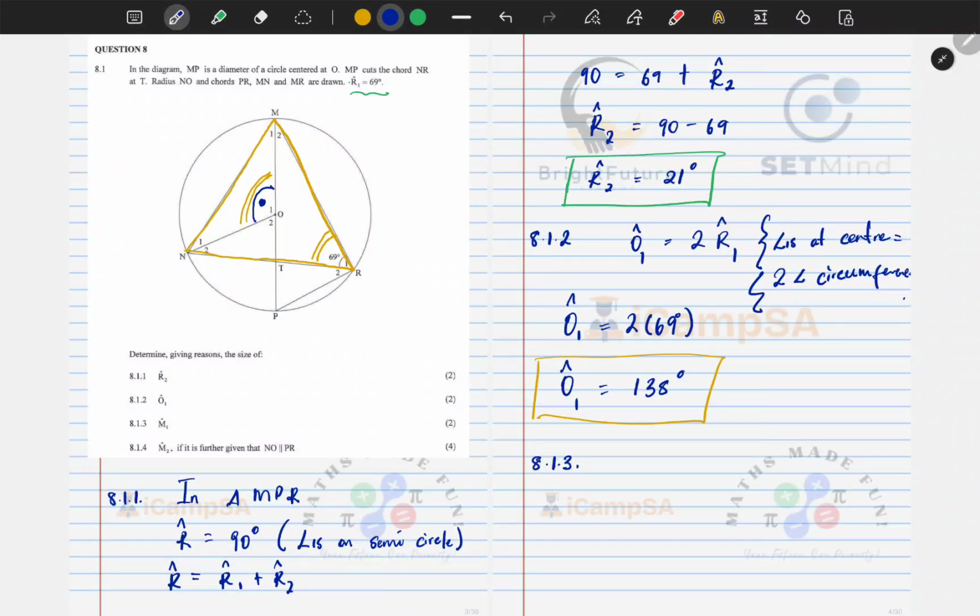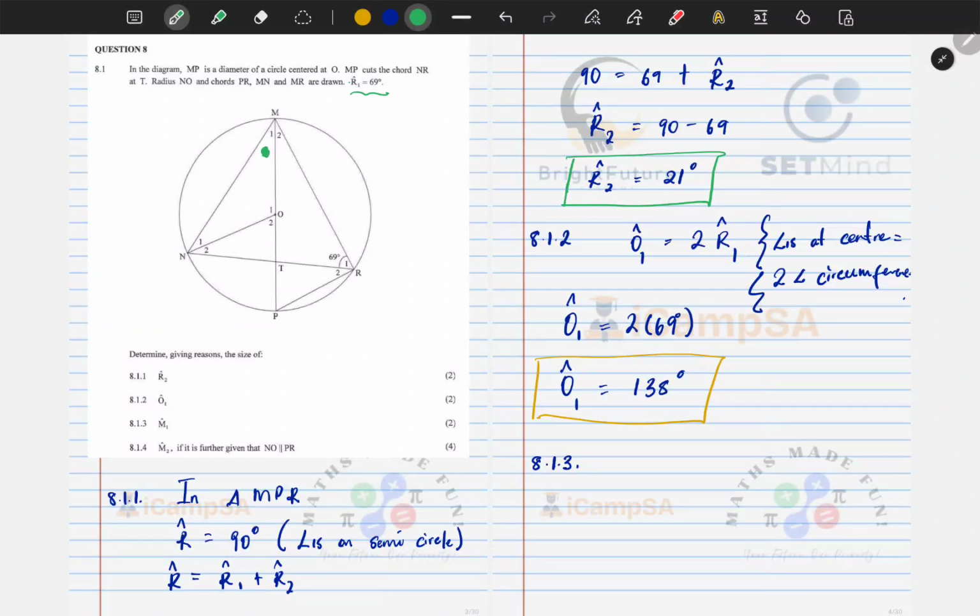Great. Now let's look at 8.1.3. So if we are looking at 8.1.3, what we are looking for here is M1. So let's just erase this and see M1. So we are looking for this angle, right?